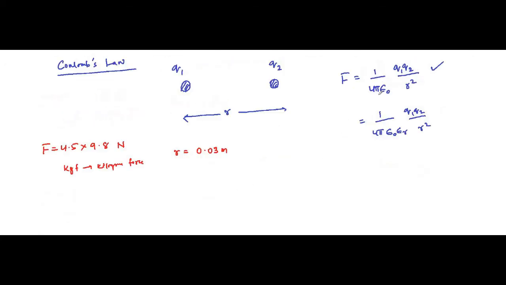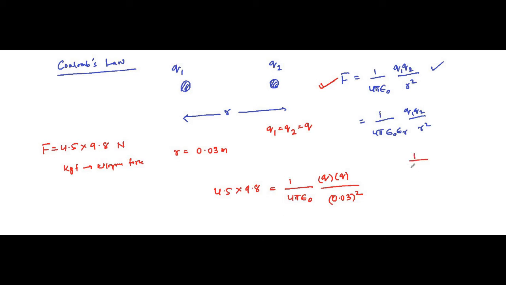Substituting these values, 4.5 into 9.8 is equal to 1 by 4 pi epsilon 0 into q into q by r square, where the two charges are equal, q1 equals q2 equals q, and r square is 0.03 whole square.